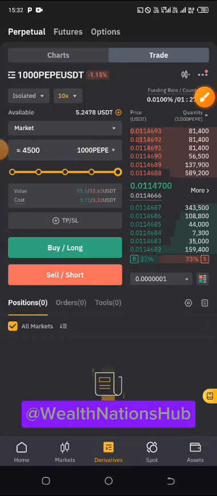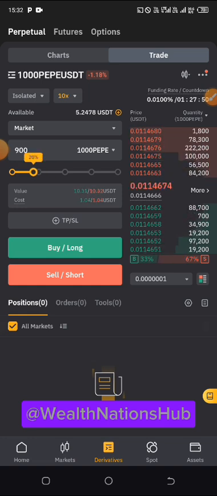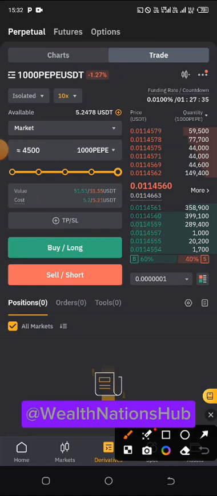Nevertheless, let's say you are having $1,000, you are supposed to be using a maximum of $100. If you have $100, you should use $10 per trade. But since the portfolio is very small, I will decide to use all, and I'm going on a sell market.